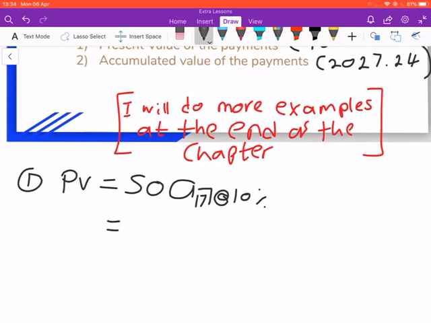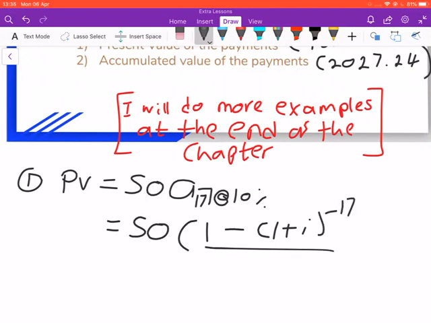So how do you find this again? It's going to be 50 times (1 minus (1 plus i) to the power negative 17) all over i. And in this case, i is the interest, which is 10%. When you punch this in your calculator, you have 1 minus 1.1 to the power negative 17, all over 0.1.